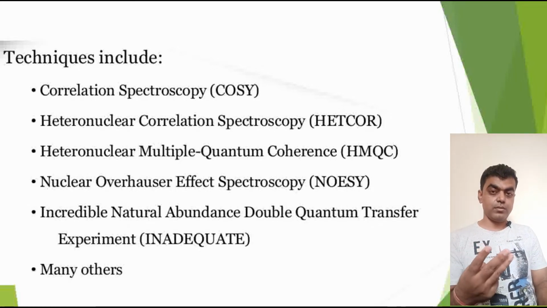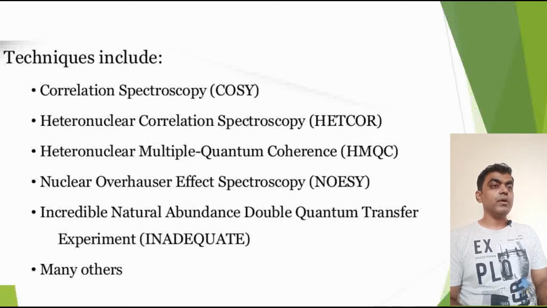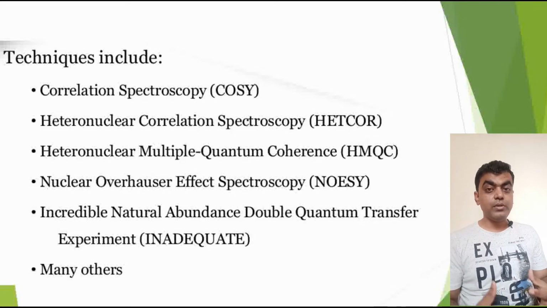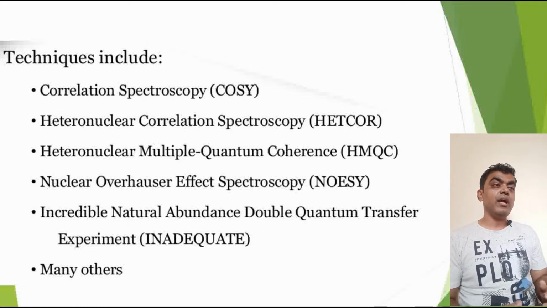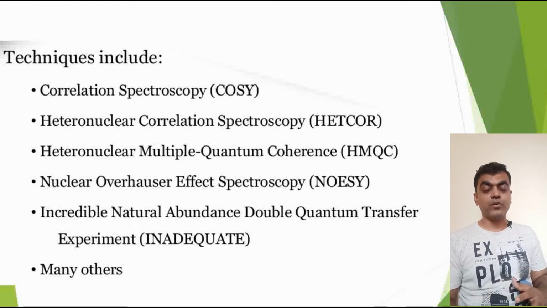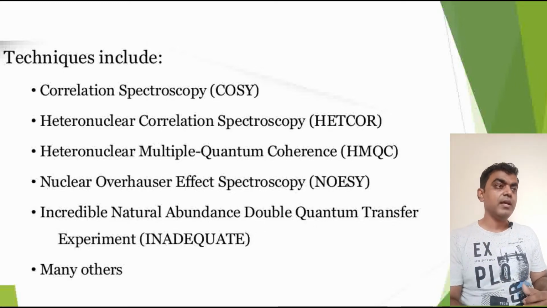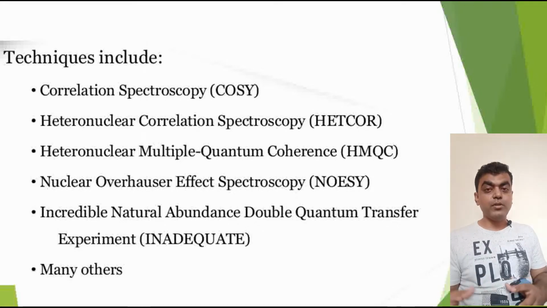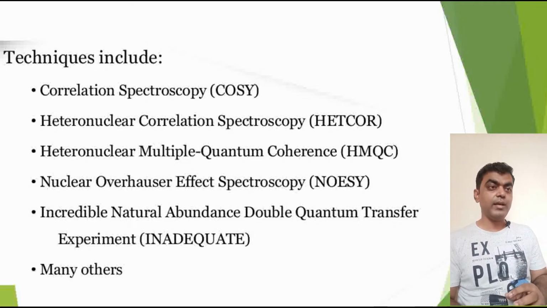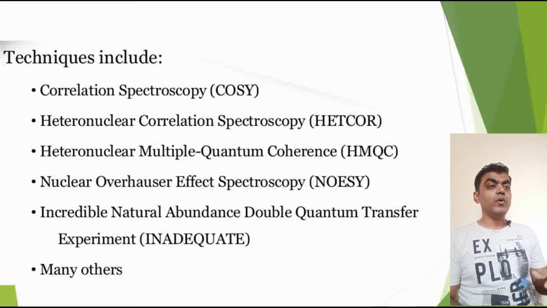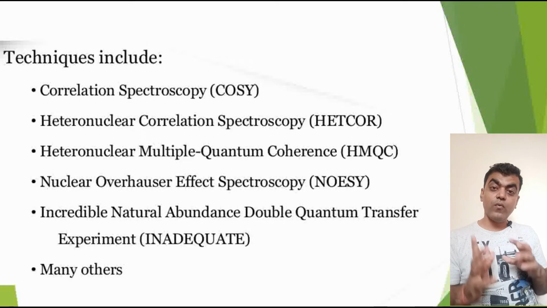Now if you do heteronuclear experiments, then we have HETCOR, heteronuclear correlation spectroscopy. Then there is HMQC, that is heteronuclear multiple quantum coherence. We have NOESY, in which we have the nuclear Overhauser effect.